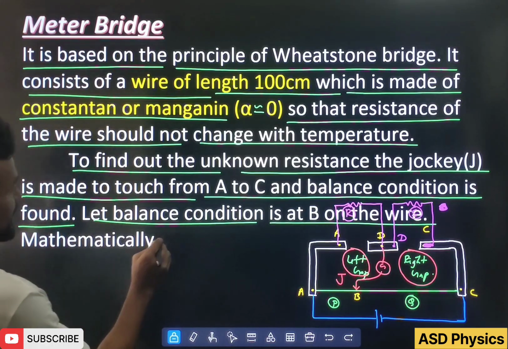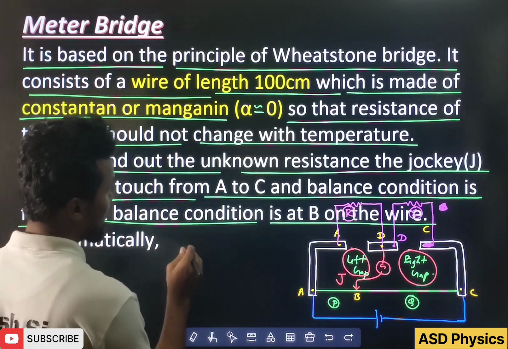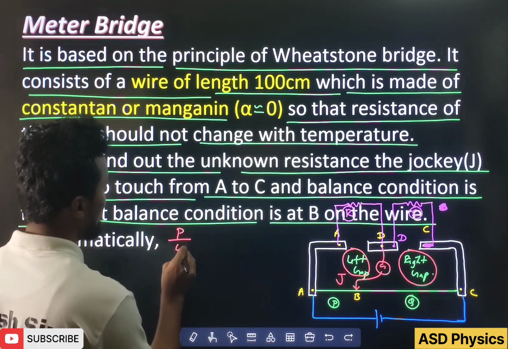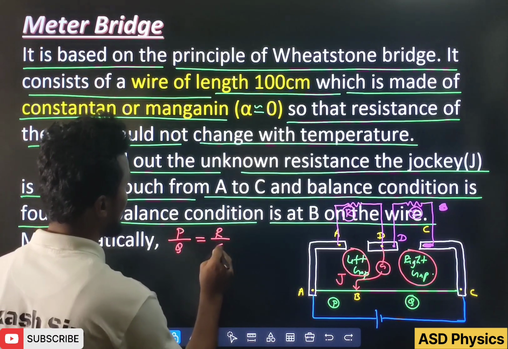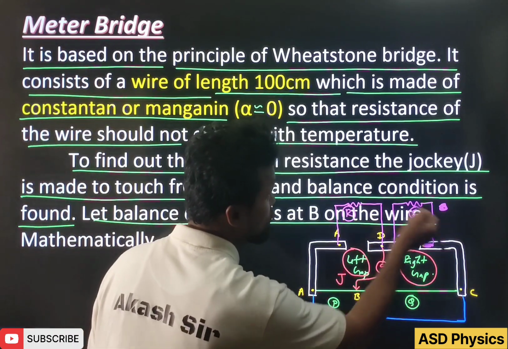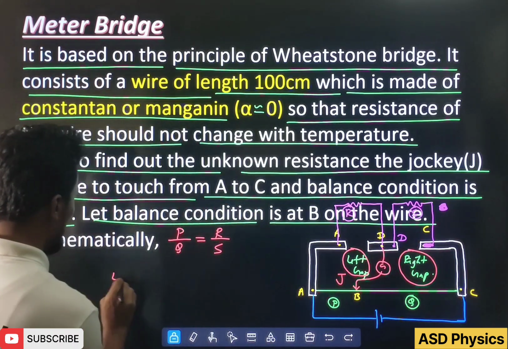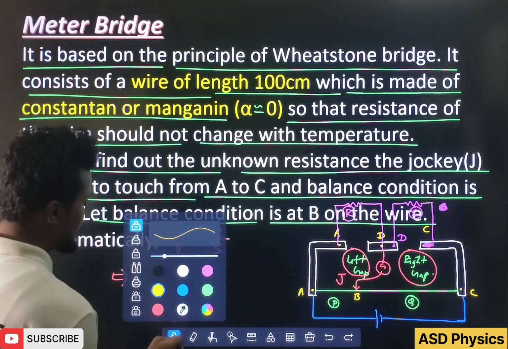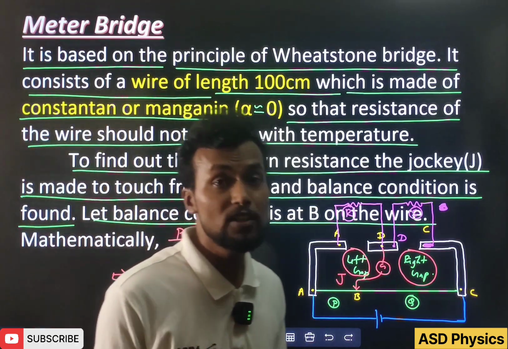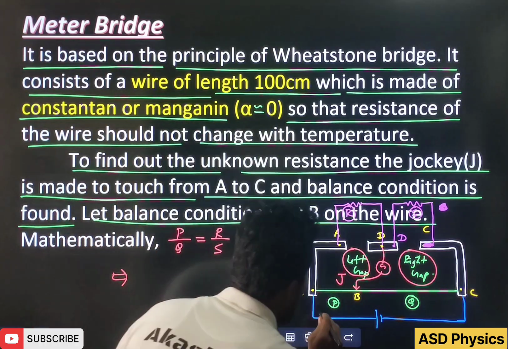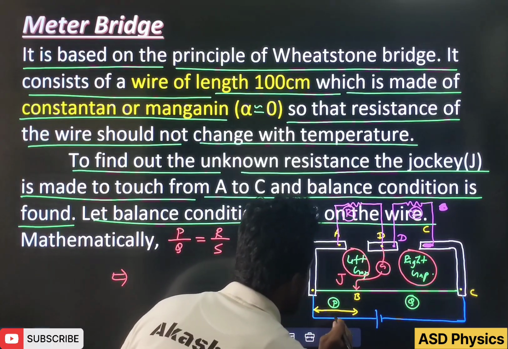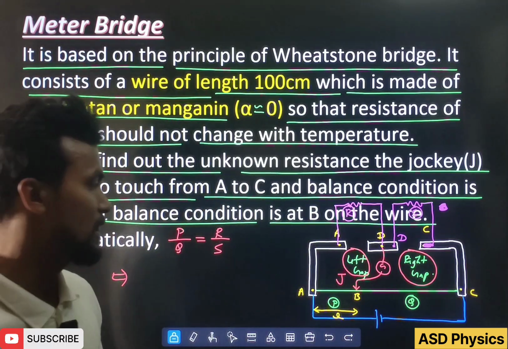So you know very well mathematically we can write P by Q is equal to R by S. Now, let the resistance per unit length of the wire be small r, and this length be small l.